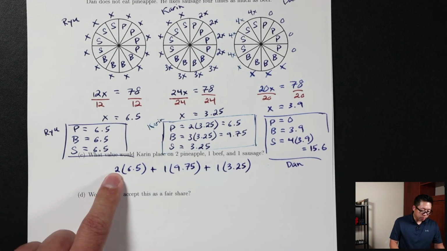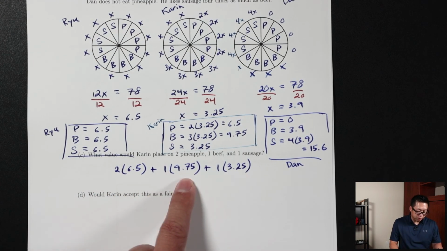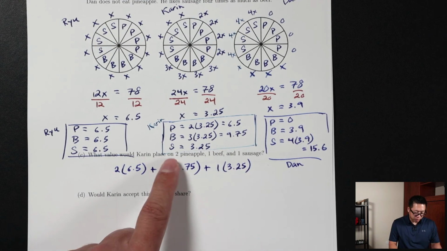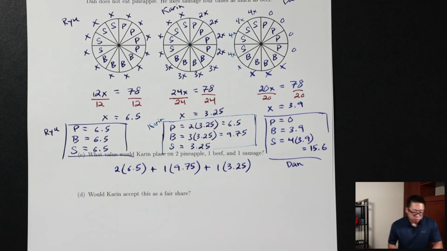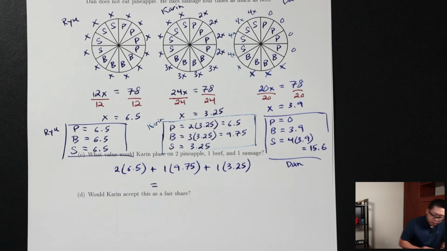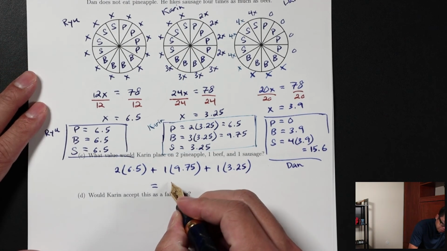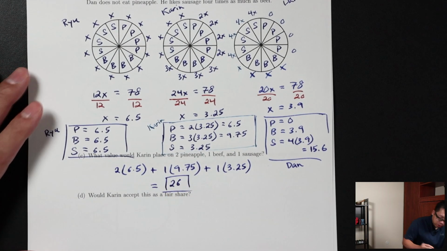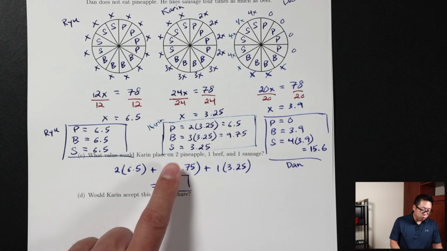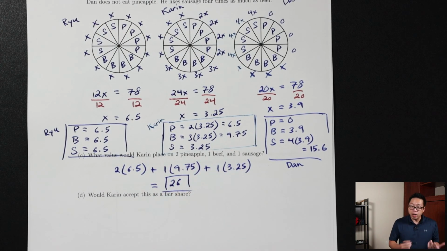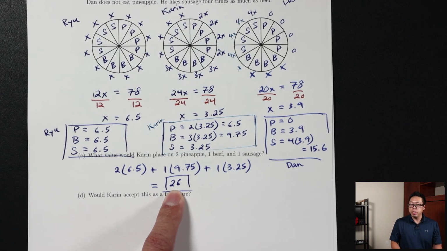So altogether, on a calculator, 2 times 6.5, plus 1 times 9.75, plus 1 times 3.25. And that is 26 total. So in her eyes, she got $26 worth of pizza.